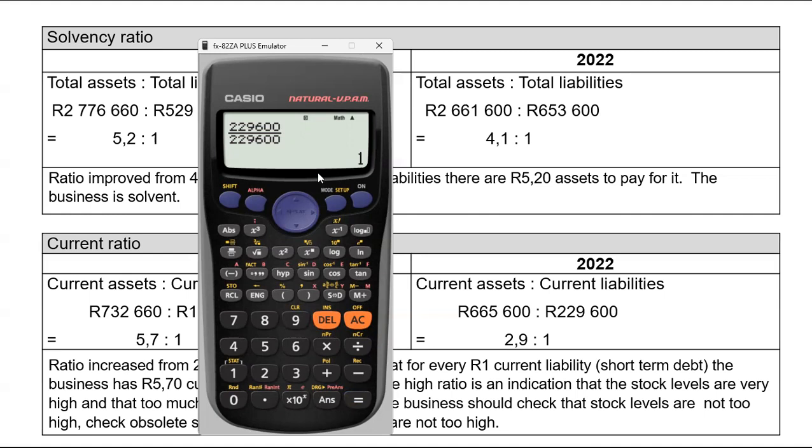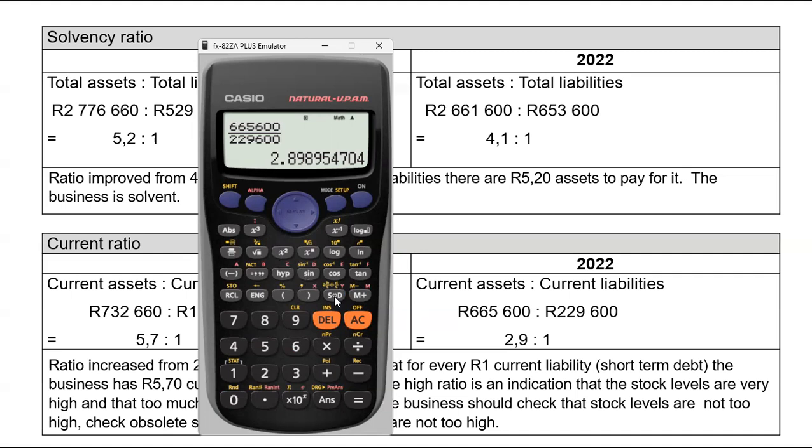How did I get the 2,9 that is on the side of your current assets? To get that, all I did was to take my total current assets, which were 665,600, and I divided that by 229,600. That's how I got the 2,9, and you will need to change it to a decimal, and that will be 2,89. Rounded off, it'll be 2,9. So that's how you calculate the ratio, guys. It's always the right hand side divided.